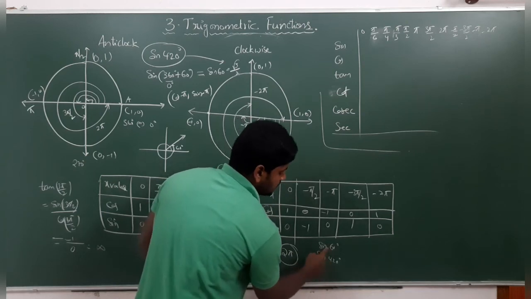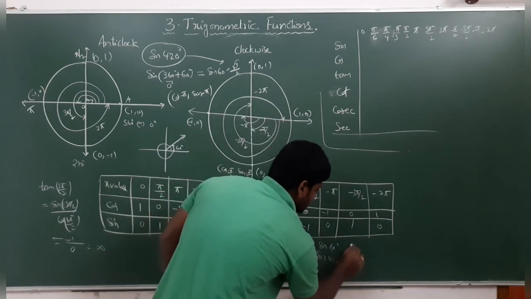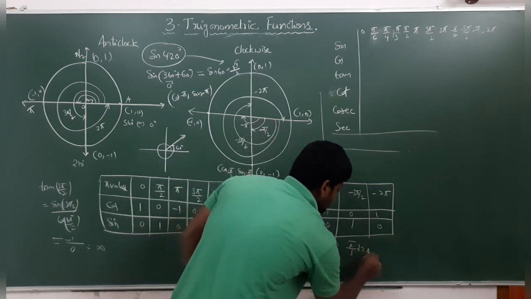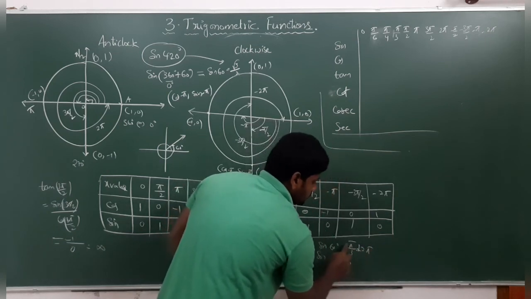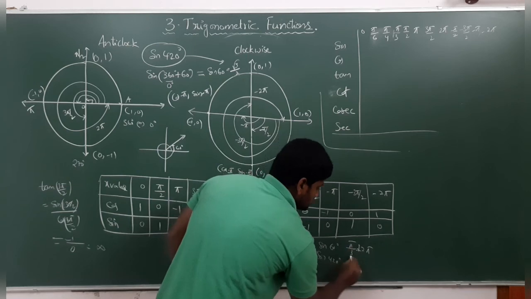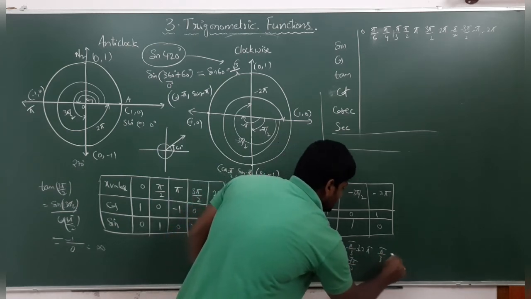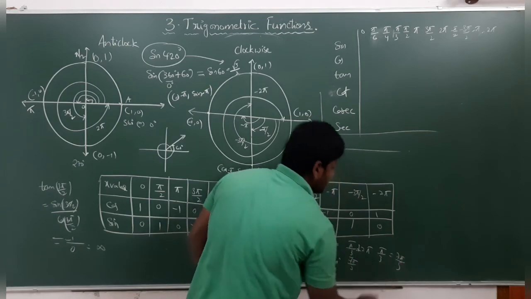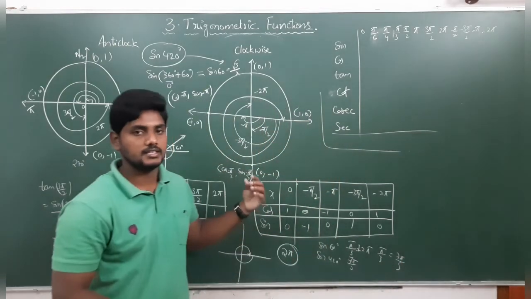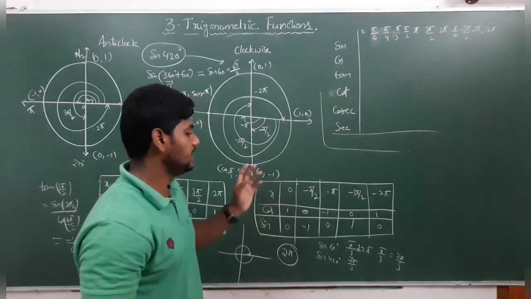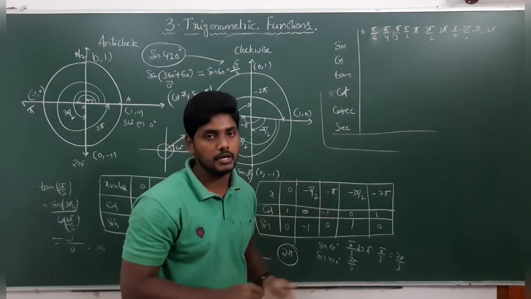Because 60 degrees we write as pi by 3, and pi by 3 plus 2 pi is 7 pi by 3. So pi by 3 is also equal to 7 pi by 3 in terms of these trigonometric functions. Sine pi by 3 is equal to sine 7 pi by 3.